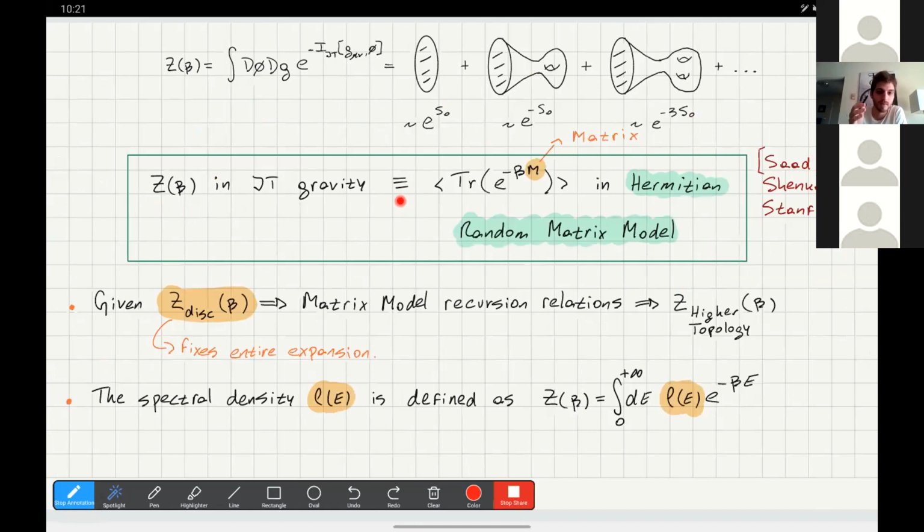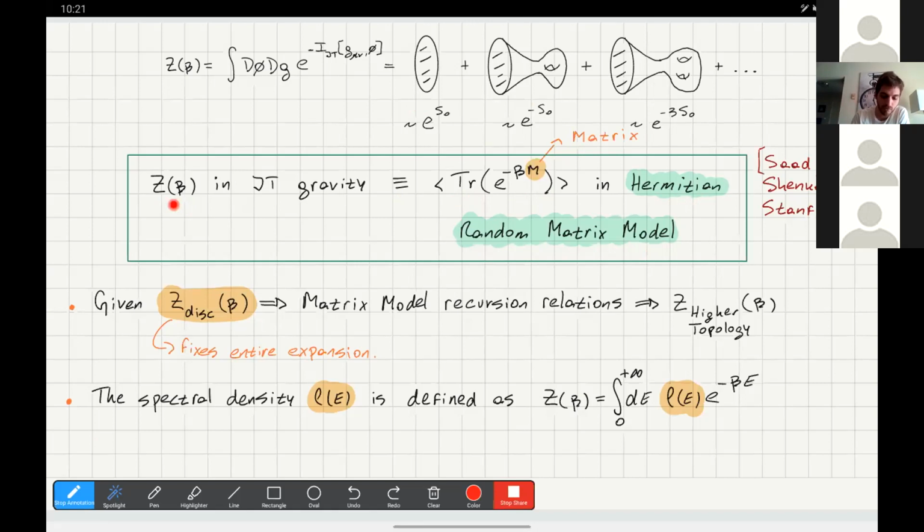And when I say the same, is that you can compare each of these terms in the contribution, and you can reproduce those computations by a Hermitian random matrix model. Okay, so I will tell you what a Hermitian random matrix model is in a couple of slides. But let me just say that the observables are given by matrices, and you have to do an ensemble average over matrices.